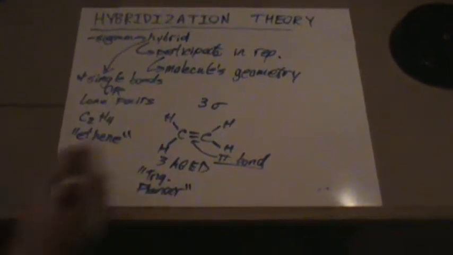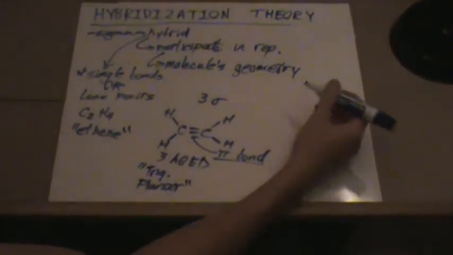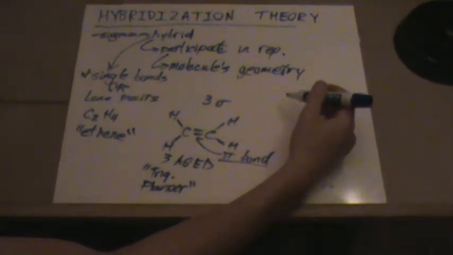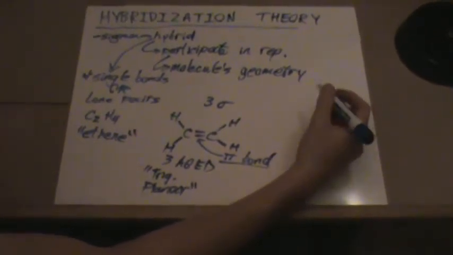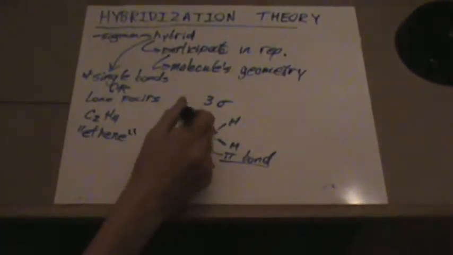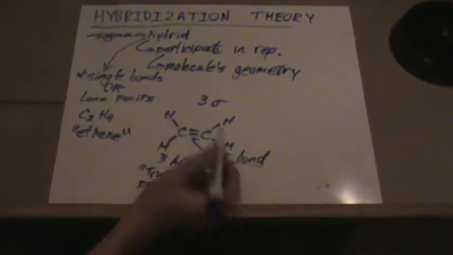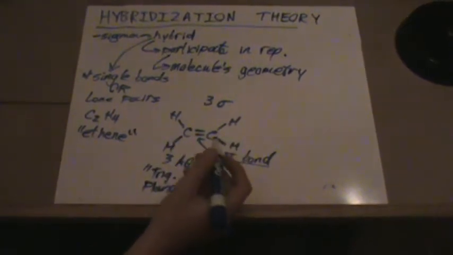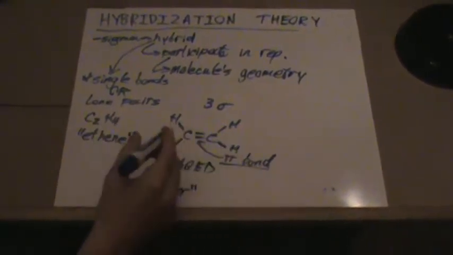But what does this mean in terms of the geometry? Usually, other than in the cases that we've talked about before, of boron and those group 3 elements, when something has three areas of electron density around it, and it is stable, so it has 8 electrons around it, it will have a double bond.